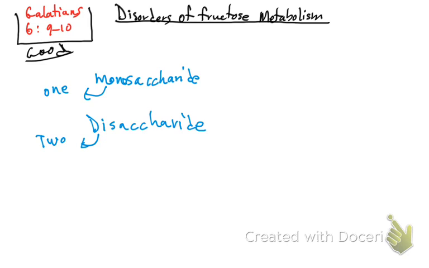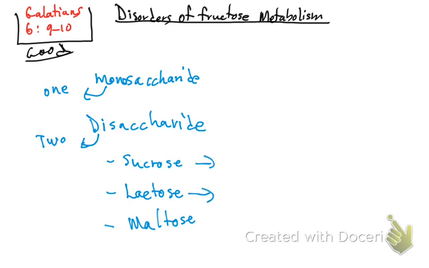Now, that means that there are two in one, and these disaccharides are, for example, sucrose, lactose, and maltose. Got it? Now all of those we cannot absorb by themselves, because our body doesn't absorb disaccharides, but we can absorb monosaccharides.